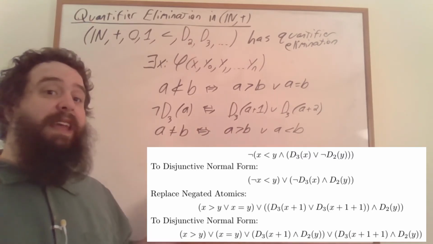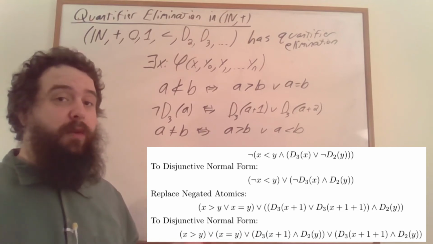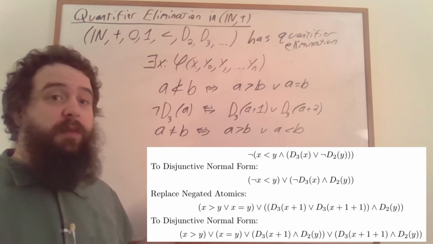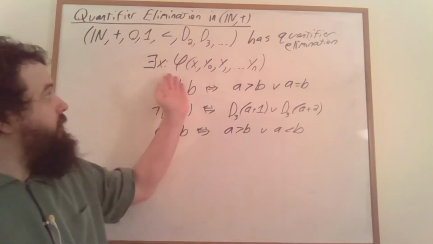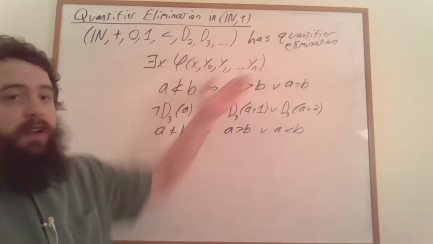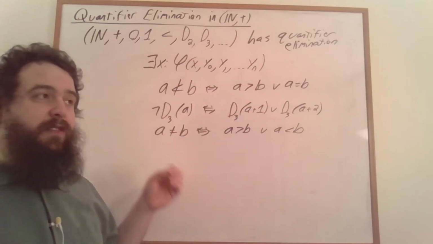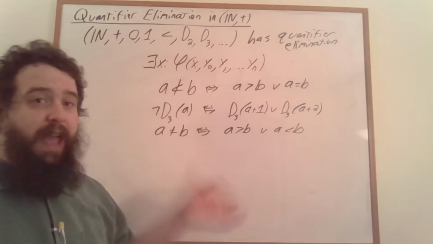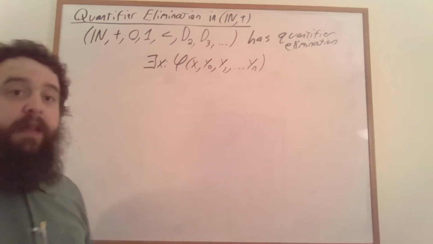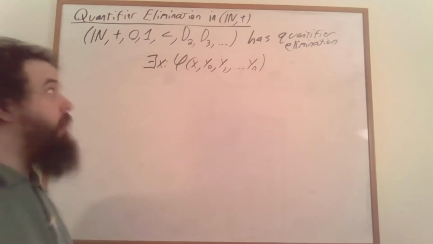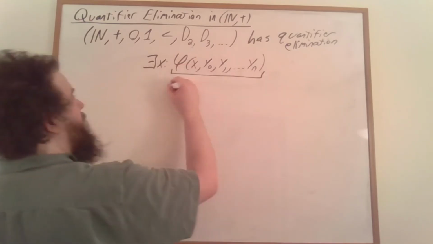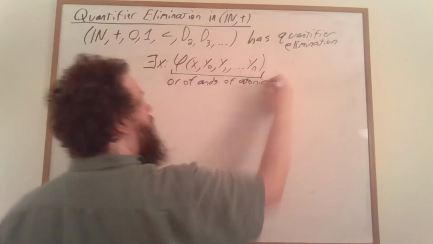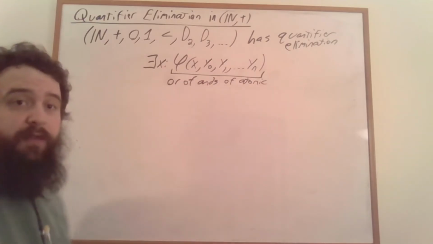And then we can get the formula back into disjunctive normal form by using the distributivity property of ors and ands. As such, we're able to translate this formula here into an equivalent formula that is just an or of a bunch of ands of atomic formulas. In other words, it suffices to show that we can eliminate this quantifier in case this formula here is an or of ands of atomic formulas.